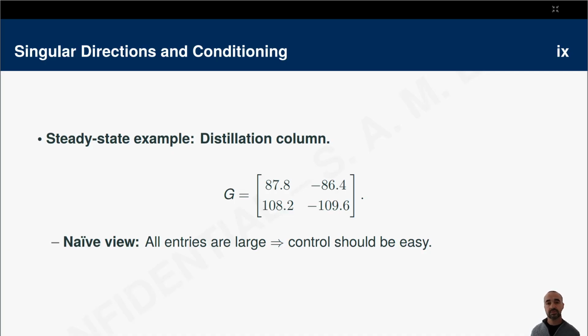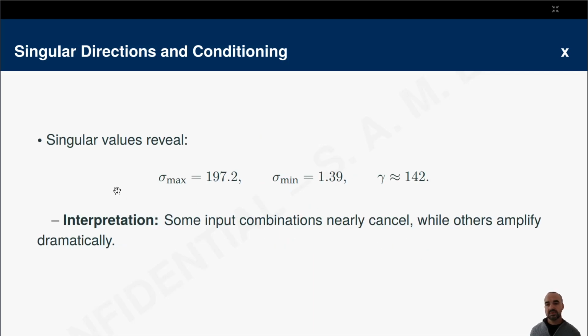You don't expect it to not respond properly or large enough when you excite the system along various directions. But singular values reveal that sigma max is 197.2, and sigma min is 1.39, and the ratio of sigma max to sigma min is 142, which is extremely large.